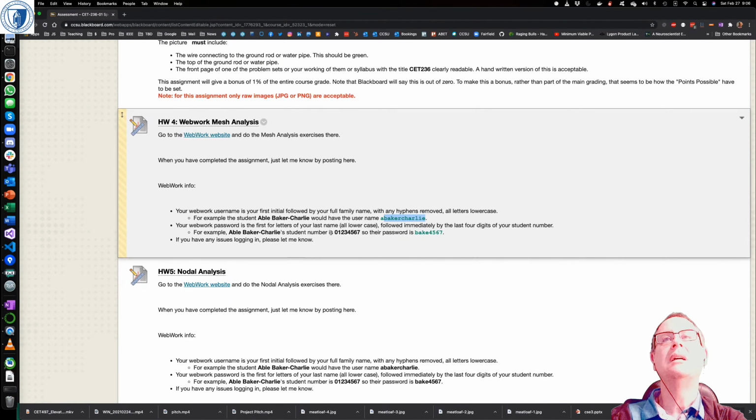And then your password, if your name is Abel Baker Charlie and your student number is 012345667, then the first 4 letters of your family name and the last 4 digits of your student ID should be your password. If it's not, let me know and I'll fix it. But I believe everything's set up correctly to do that.